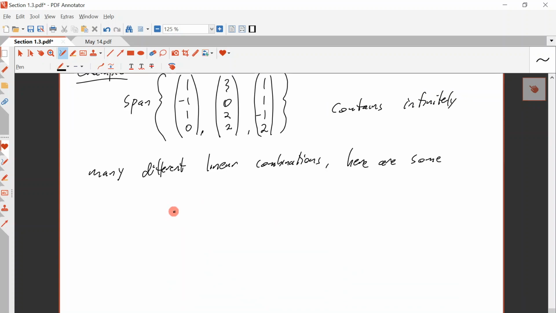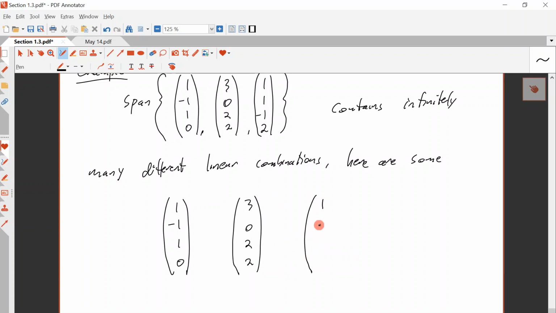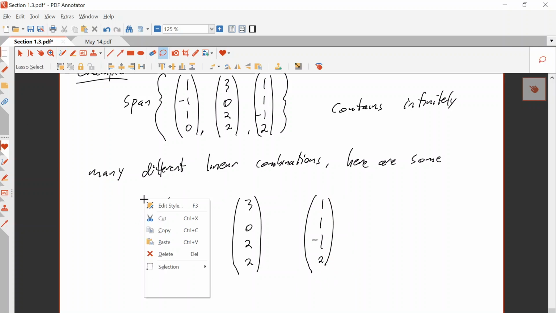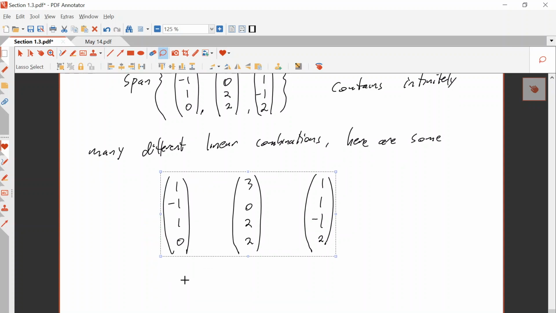Let me copy those vectors first, and let's pick some coefficients and just calculate.